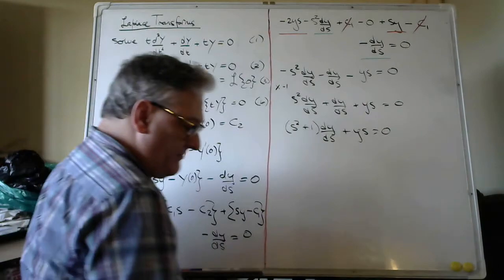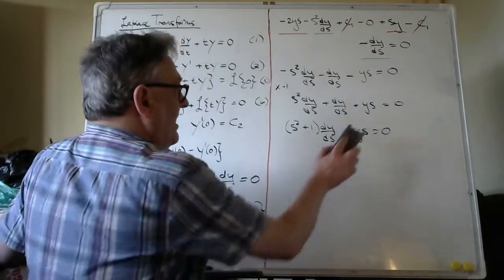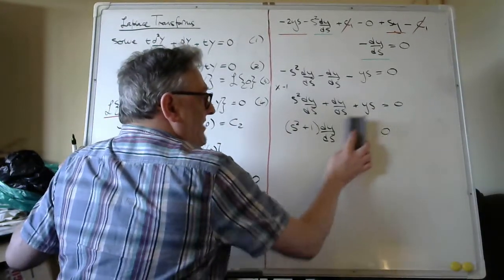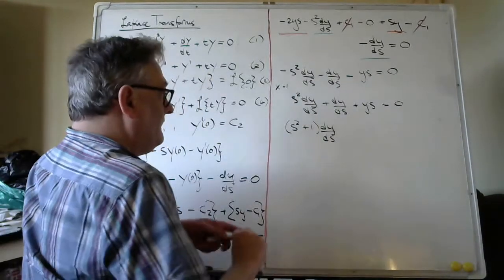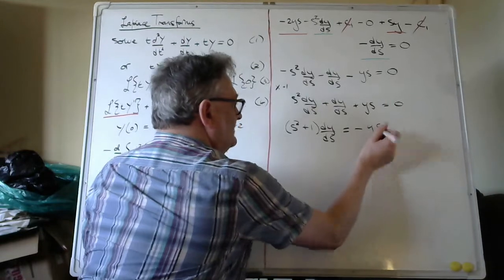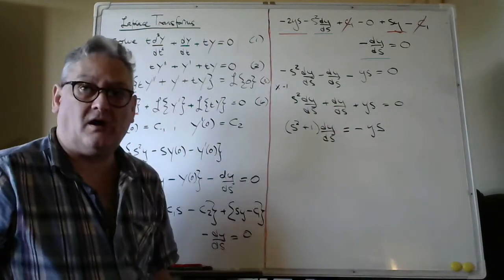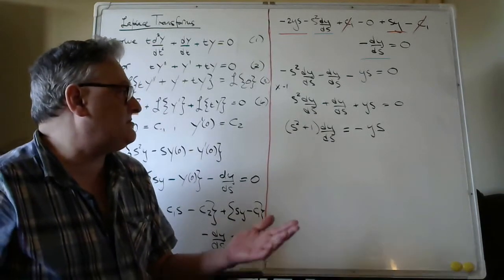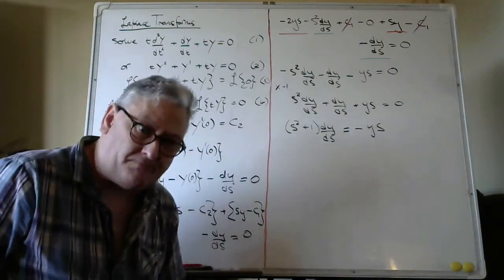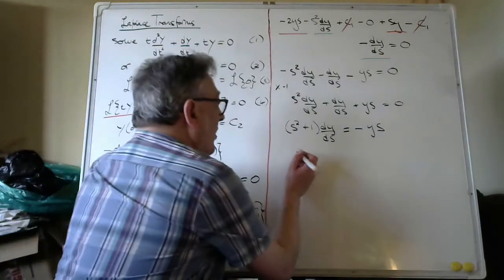Now actually I'm going to skip a step, but I'll explain what I'm doing. Basically I'm going to put this ys term on the other side so that it becomes minus ys. Now then, if we divide both sides of this equation by s squared plus 1, divide both sides by y and then multiply both sides by ds, we get the following equation.